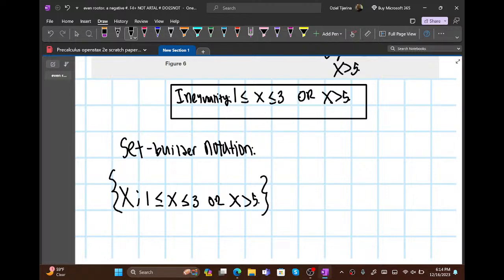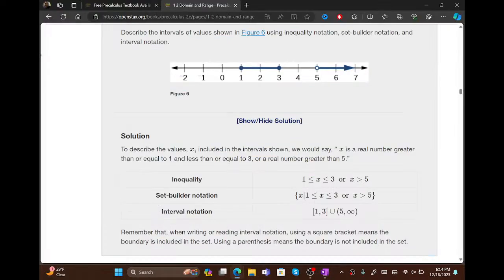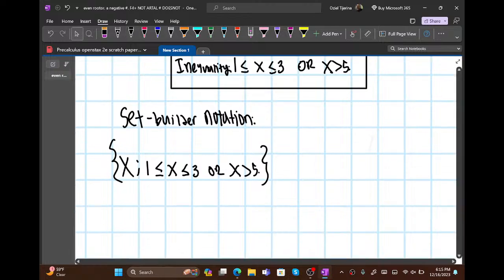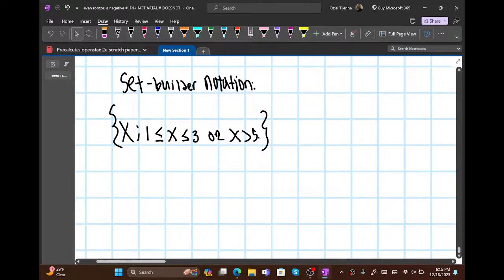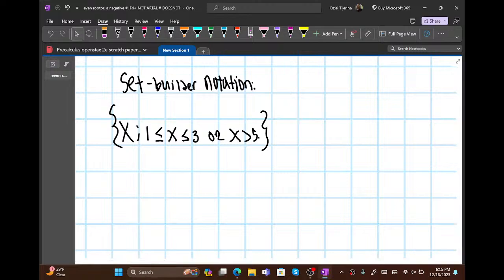I think that's how you say it. Sometimes they use the line, sometimes they'll use the semicolon. It really depends. I don't think I really use the line, but you can say it however works for you. I've seen both used.